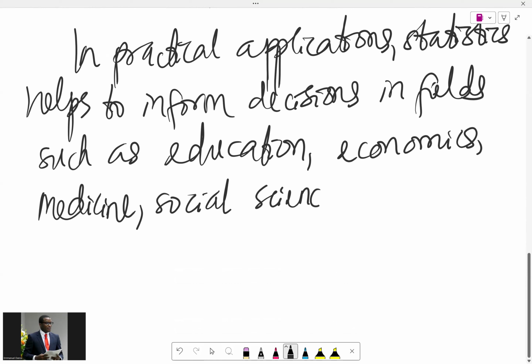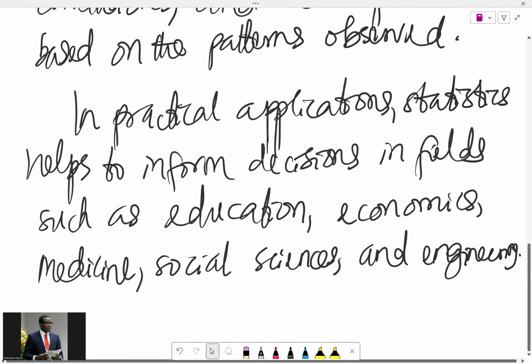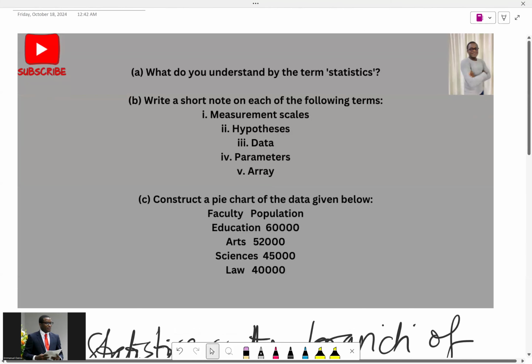In short, statistics is useful in almost every field. So that's the answer to the first part. What do you understand by the term statistics?